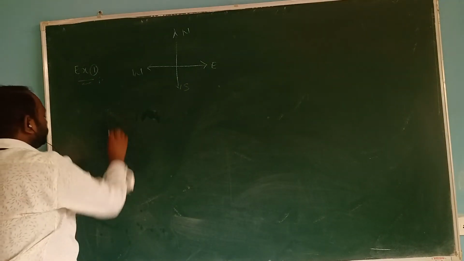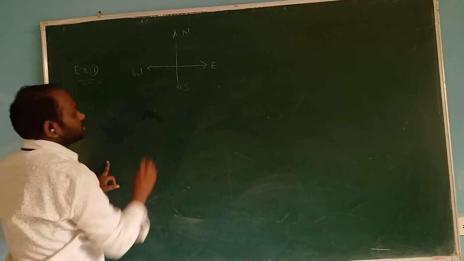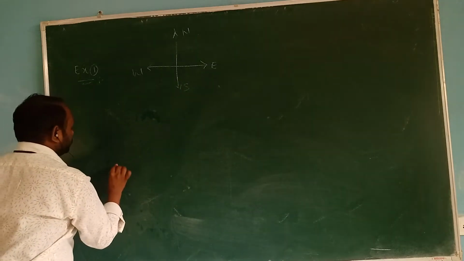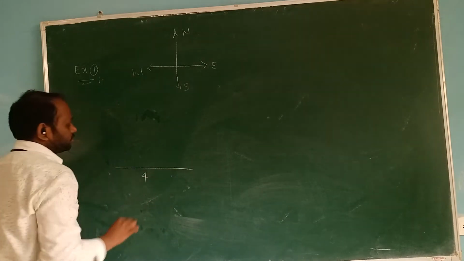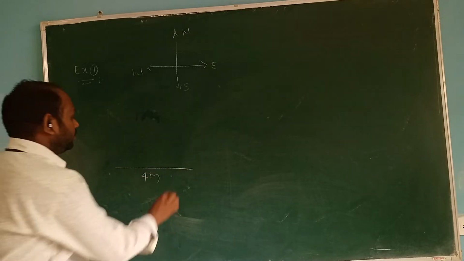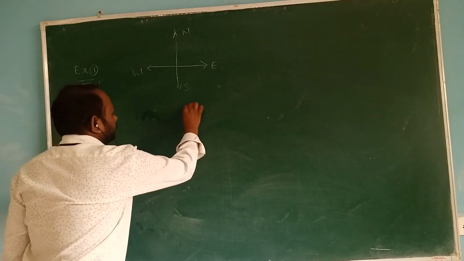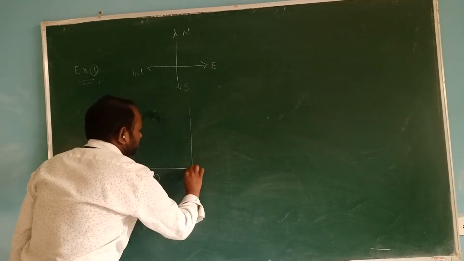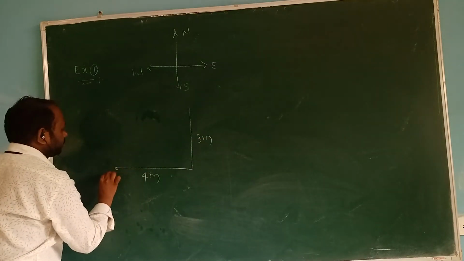I will give one example. A boy started from the origin moving 4 meters towards east, and then he takes the north side, 3 meters. This is the initial point.